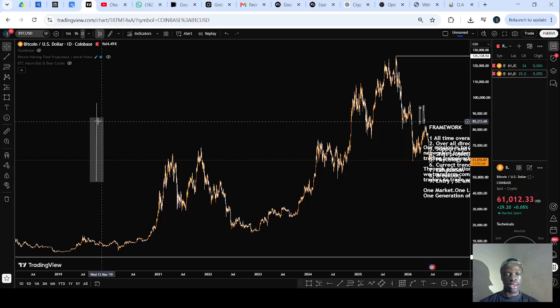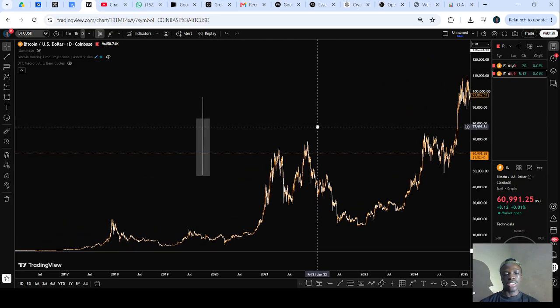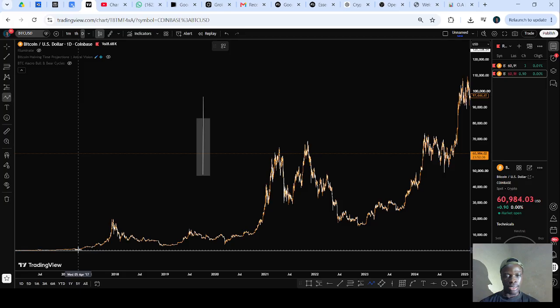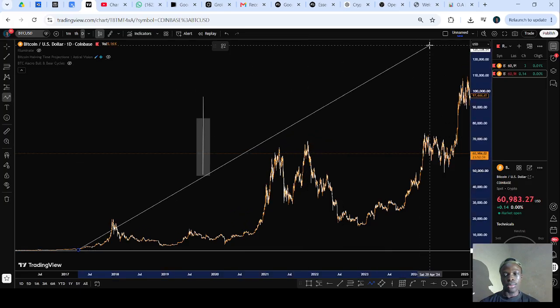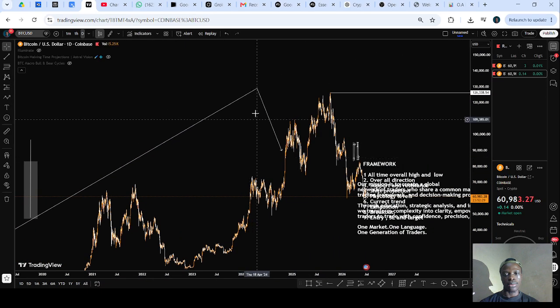Okay, let me just reduce this down a little bit. So it means that the moment price started from this point, the market has been up before we now have a little retracement that we are facing right now.